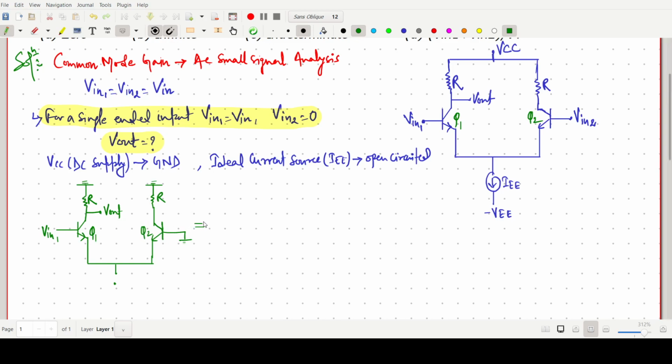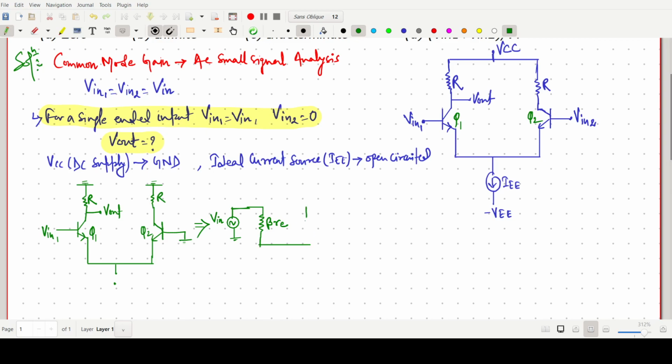Now we have to draw the AC equivalent circuit. For this AC small signal equivalent circuit, we have to transform the transistor with a beta r_e model. So I am making the r_e model for transistor Q1. This one should be beta r_e, and one input, V in.